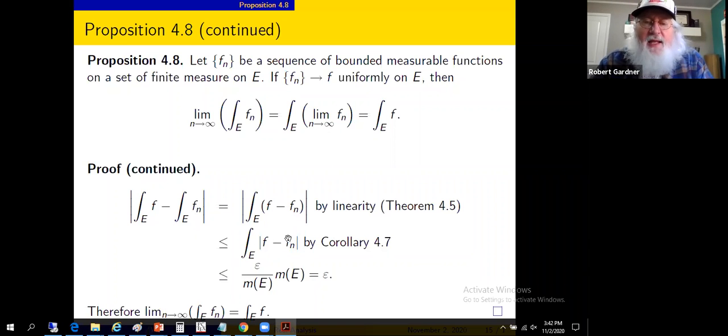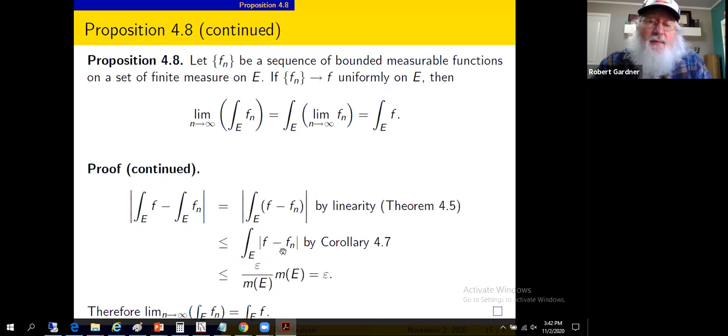We've got that integrand bounded above by epsilon over the measure of E on set E. The absolute value of f minus f sub n is less than epsilon over the measure of E. That's what we were doing on the previous slide using the uniform convergence, so the uniform convergence is used right there. It should have a strict inequality here, the way we had that bound set up previously.